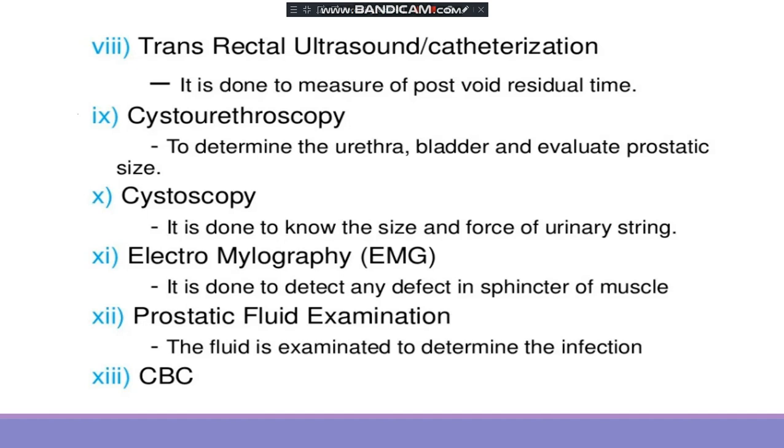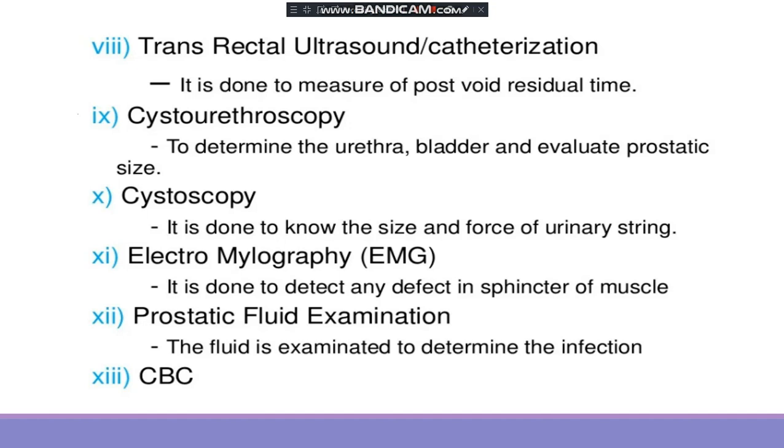Okay. Then cystoscopy. It is also to know the size and force of urinary stream. Okay. Then electromyography, EMG. This is to detect any defects in the sphincter muscle. If the muscle does not function properly, in order to identify that, we have to do electromyography.